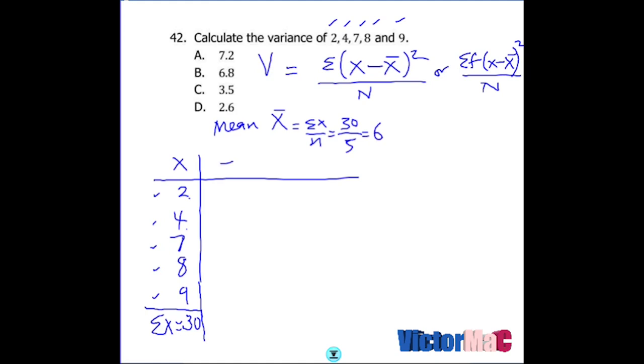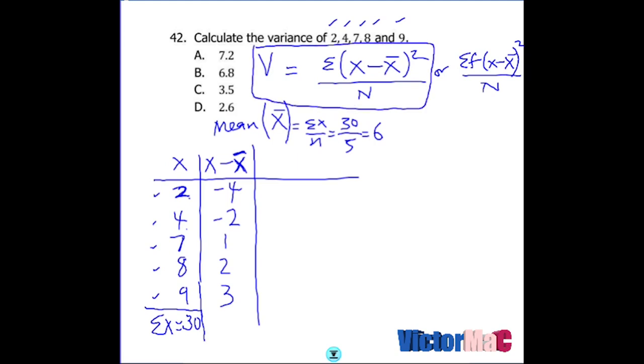So now let's find the deviation of all the x from the mean, that is x bar. So 2 minus 6, which is our mean, is minus 4. 4 minus 6 is minus 2, 7 minus 6 is 1, 8 minus 6 is 2, 9 minus 6 is 3. But by the formula we're going to use here, we need to sum the x minus x bar squared as the numerator.